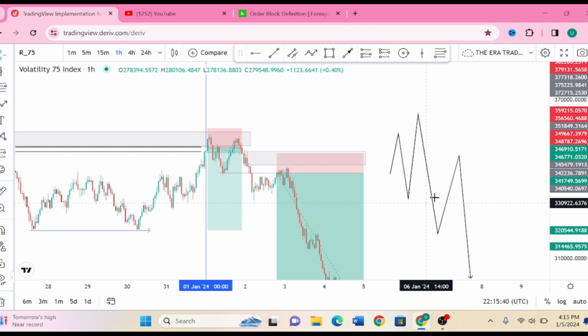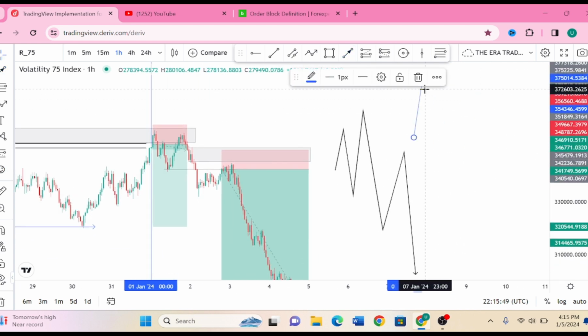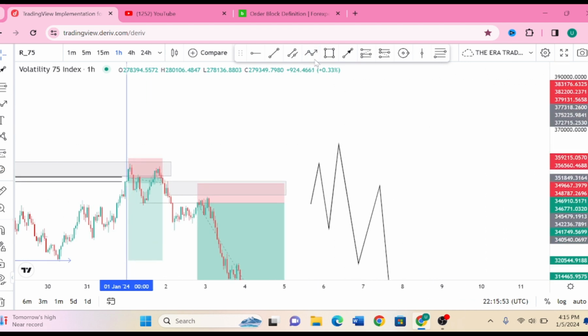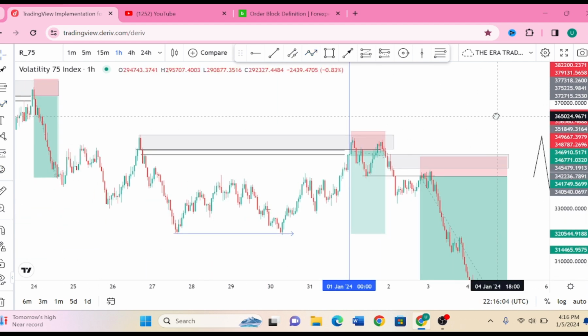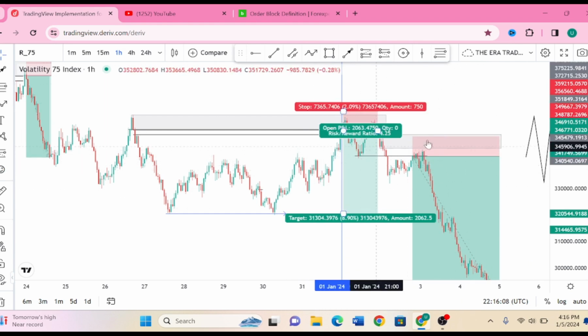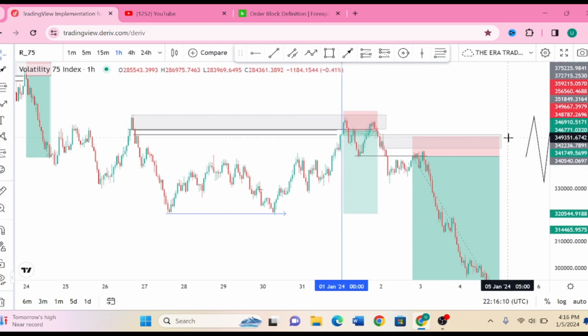Wait for the change of character, then wait for it to come back to the order block and then short it, or this. A failure swing, and boom, like it did here, forming a breaker block, and that breaker block was the one used. They don't even use this order block here again.